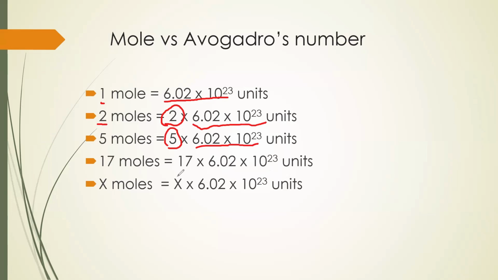X moles equal X multiplied by Avogadro's number. So any mole, 1 mole, contains this number of units.